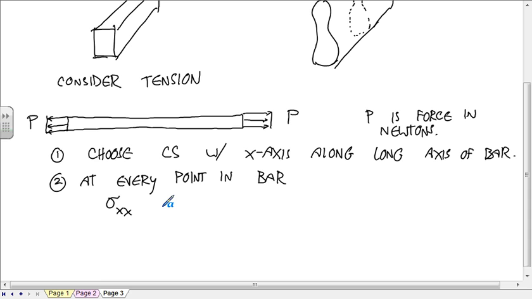And let's say that this is steel, which means that you have an E value of 200 times 10 to the 9th pascals, and a Poisson's ratio of 0.3.